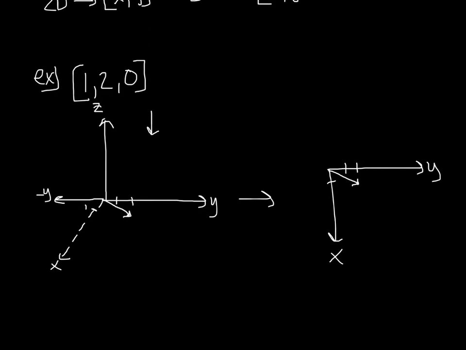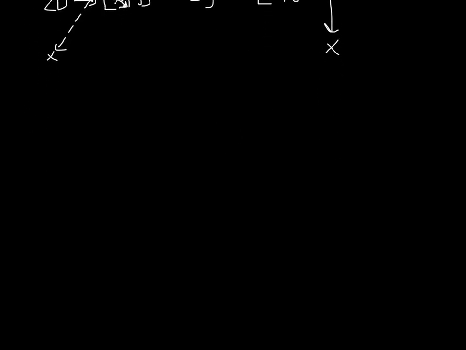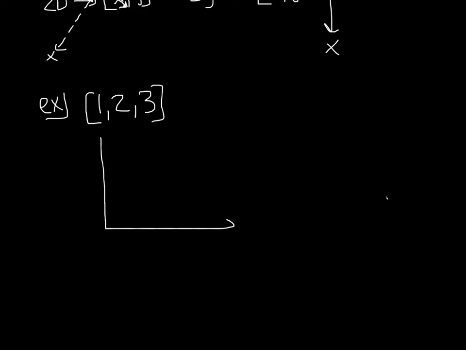Let's look at another example. So here we have 1, 2, 3. Okay, so now we're going to go through the same steps. Here's my y, here's my z.